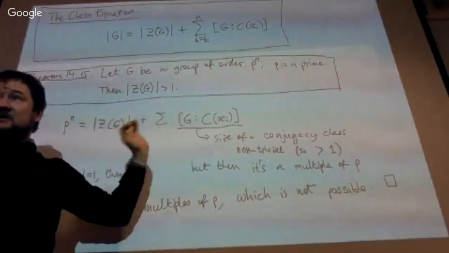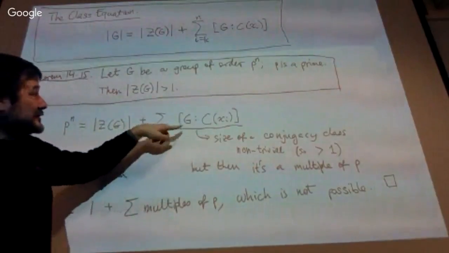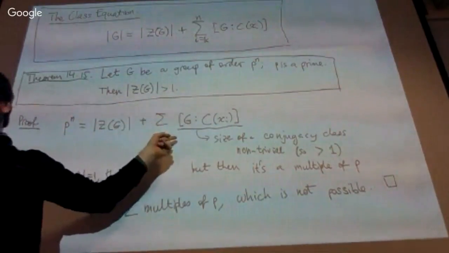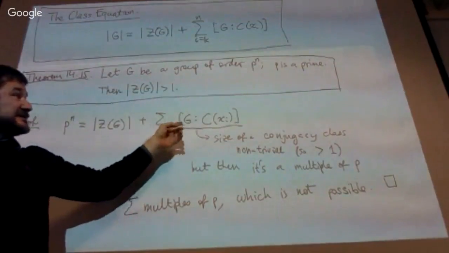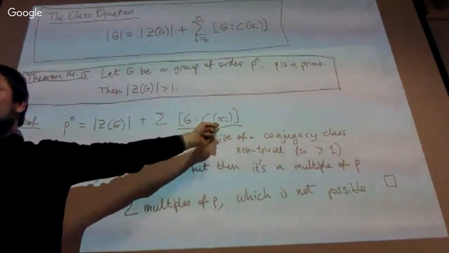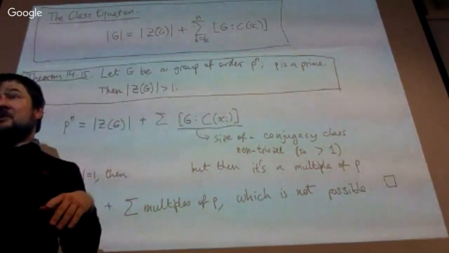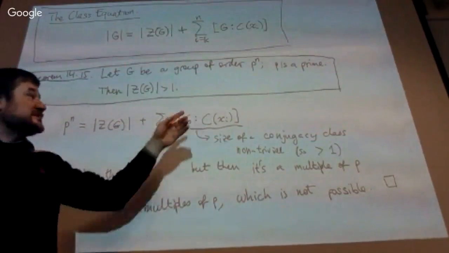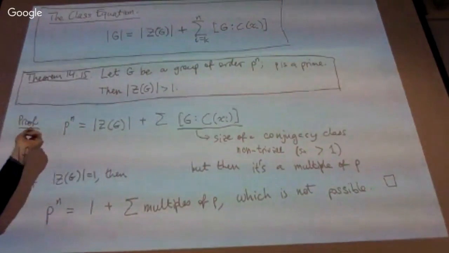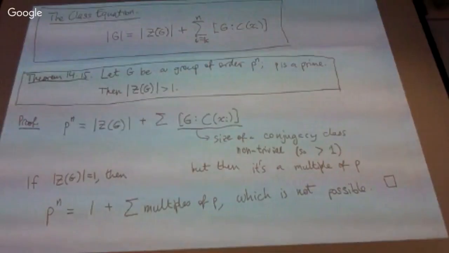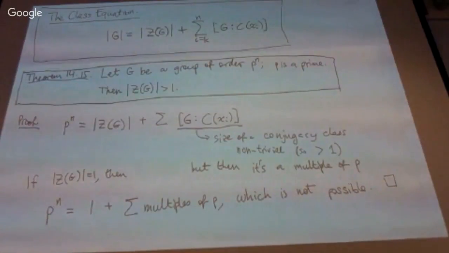Non-trivial means they're bigger than 1, so none of these numbers that we're adding here is 1. Because they're a power of p divided by another power of p, they all have to be a power of p. So they're all powers of p, other than 1. That completes it. Okay, good.